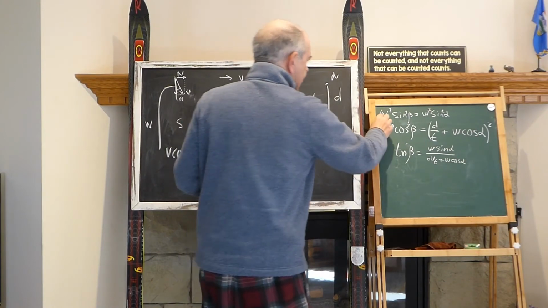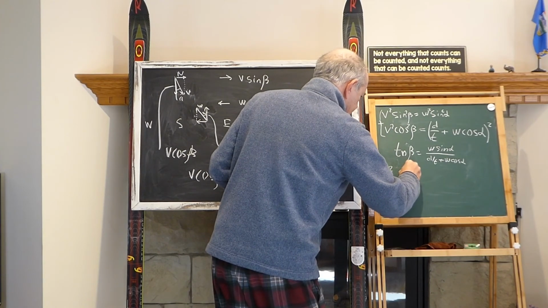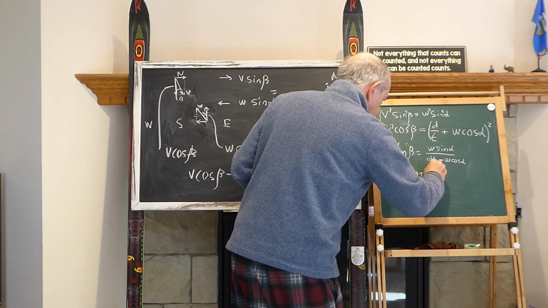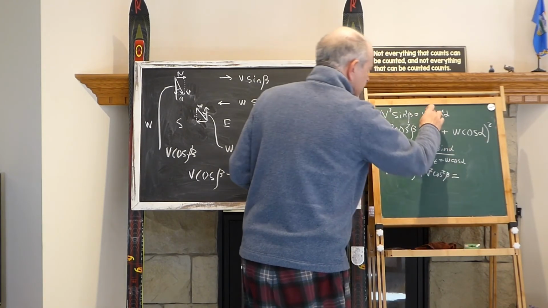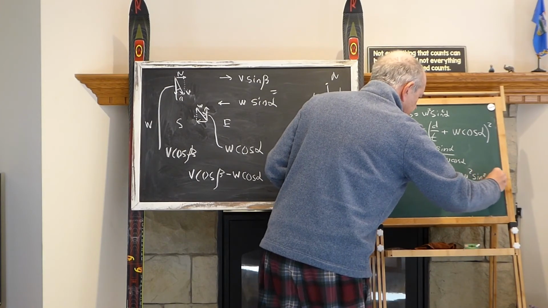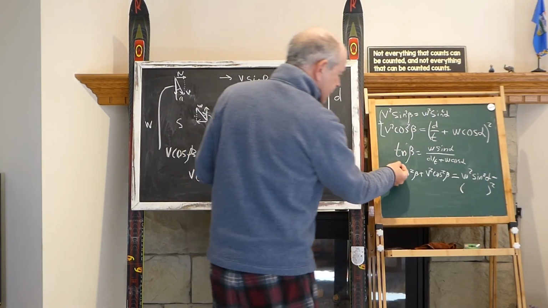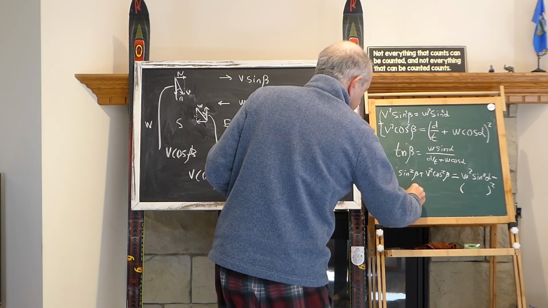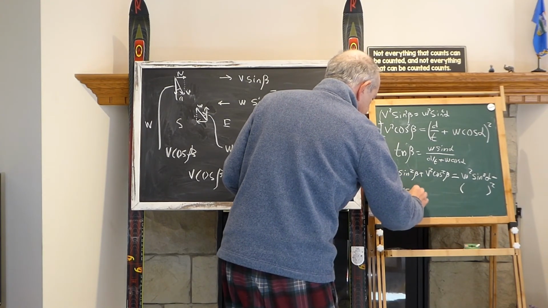And then take a sum, plus, and we will have v squared sine squared beta plus v squared cosine squared beta equals w squared sine squared alpha plus, I don't want to rewrite it, plus this bracket squared. V squared can be factored out, and there would be sine squared.